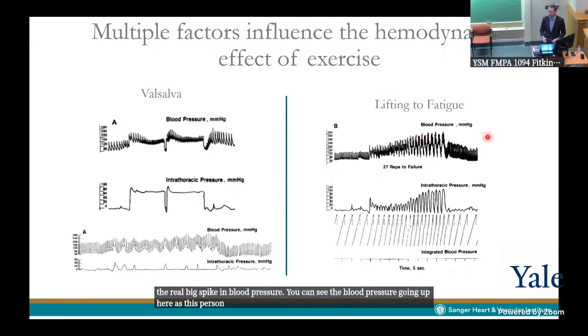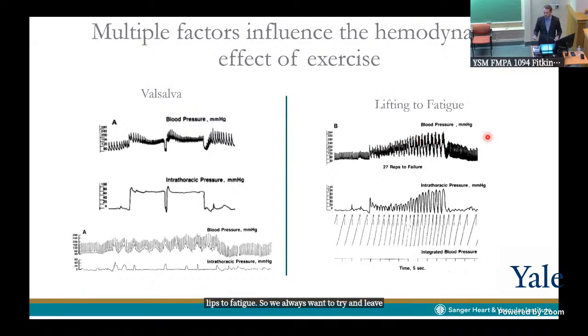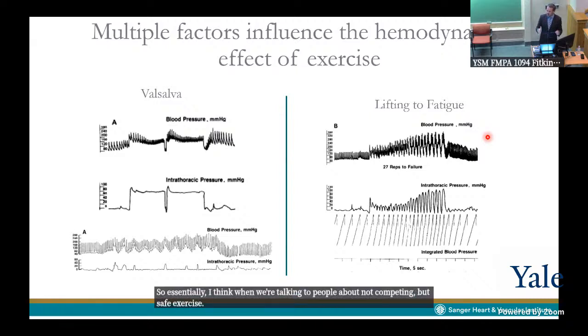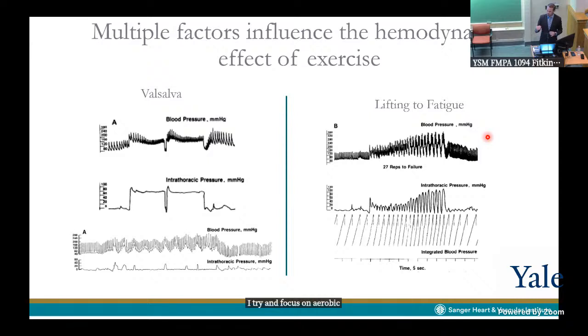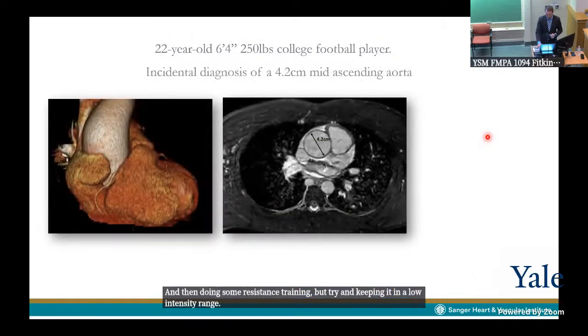So we always want to try and leave something in the tank as we're exercising. So essentially, when we're talking to people about not competing, but safe exercise, I try to focus on aerobic exercise, doing regular moderate exercise, and then doing some resistance training, but keeping it in a low intensity range.